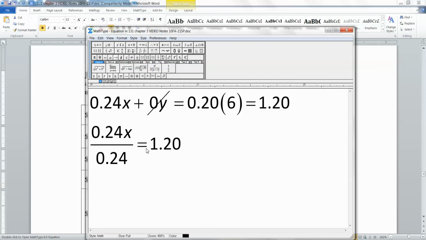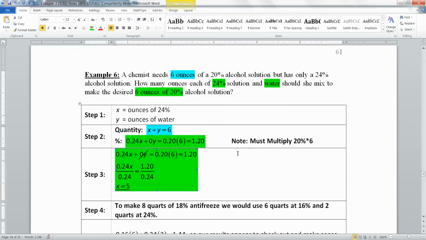See what I mean? This one's actually easier than the other ones we had to do. We don't even need as much work. 0.24, you're going to get x is equal to 5. 24 goes into 120 five times. Okay, so there's one number. It's not really our answer yet, but it's getting there. So 5.